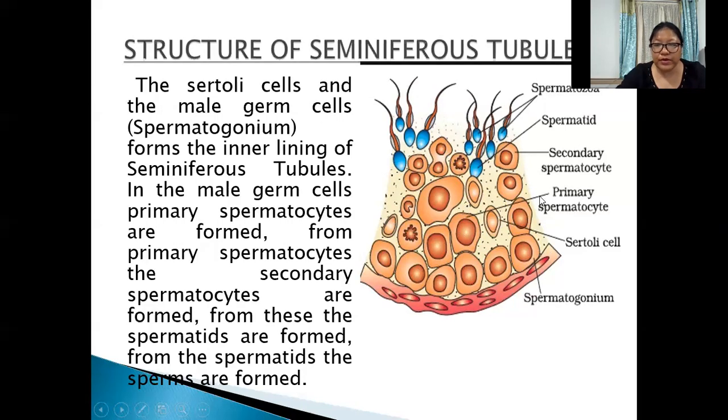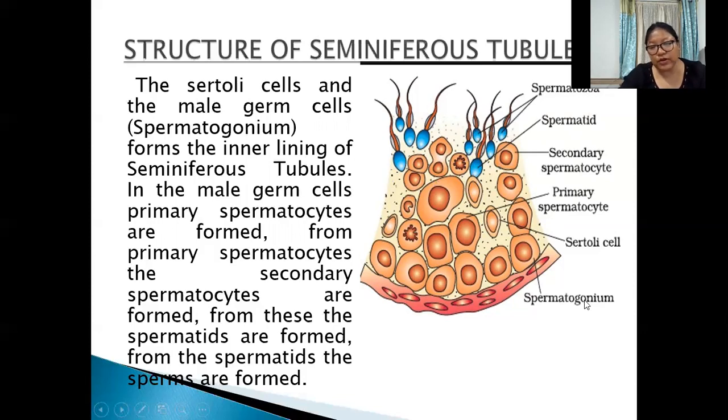From the primary spermatocytes, the secondary spermatocytes are formed, and from the secondary spermatocytes, we get the spermatids. These are the spermatids, and from the spermatids, we then get the sperms. So this also shows the entire process of spermatogenesis.